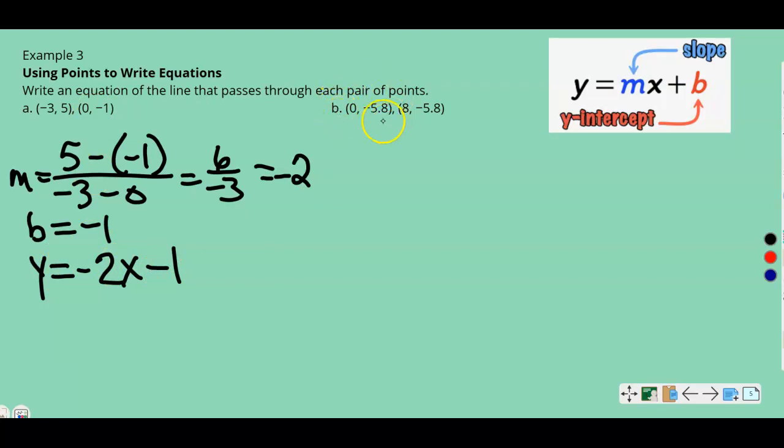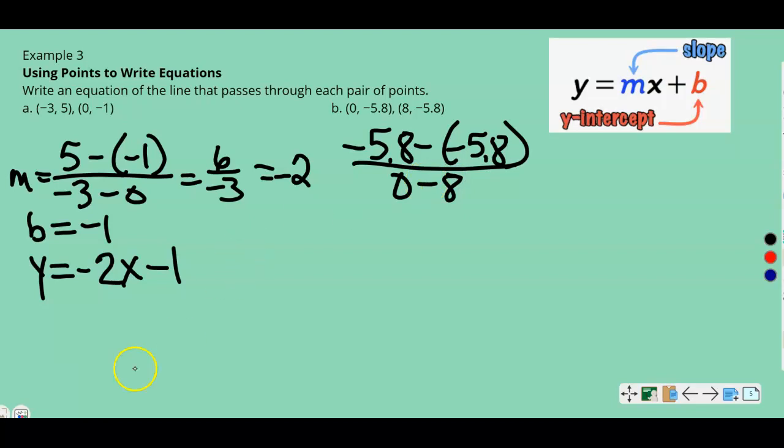All right, B part. We've got an x, y and we've got an x, y. So we're going to first find our slope, negative 5.8 minus negative 5.8 over 0 minus 8. Negative 5.8 minus a negative 5.8 is negative 5.8 plus 5.8, which is just 0. 0 over negative 8. 0 divided by anything is 0.